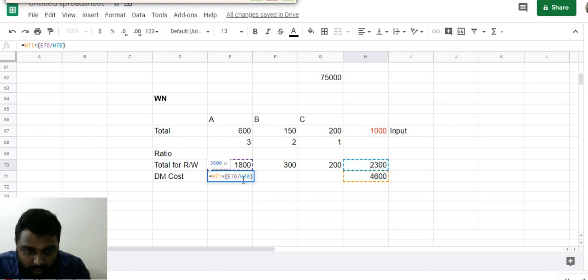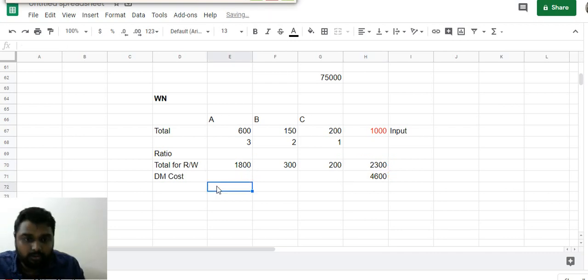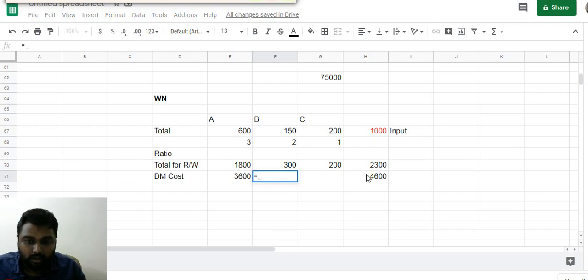Here this will be permanent, so we can put the dollar sign. Then 3600 into this divided by this.